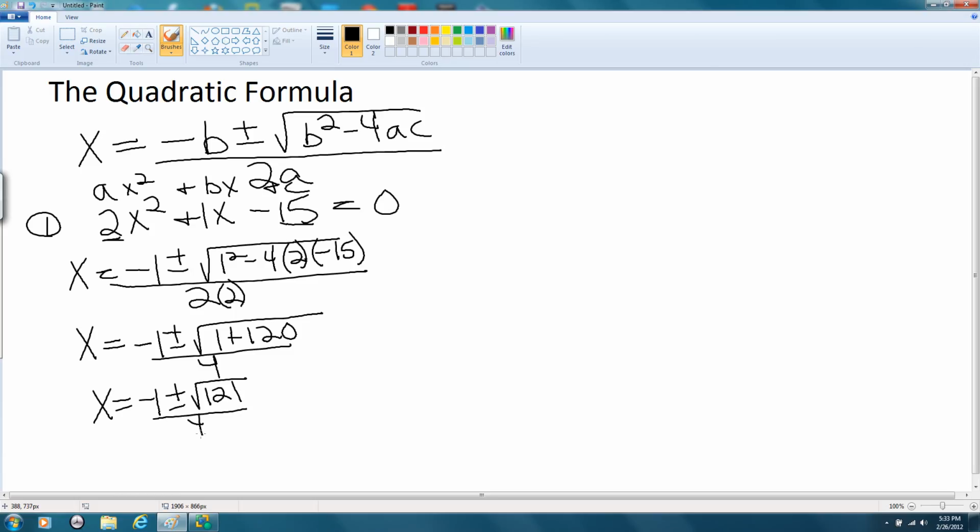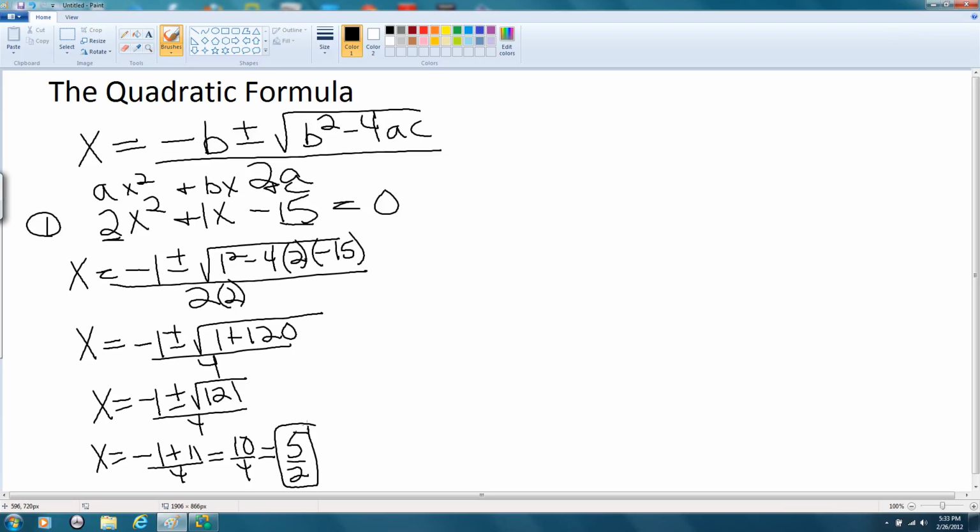11, all over 4. And so we have x is equal to negative 1 plus 11 over 4, or that's equal to 10 over 4, or reducing that, 5 halves. So one answer is 5 halves.